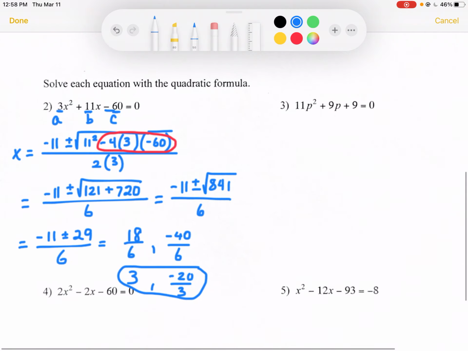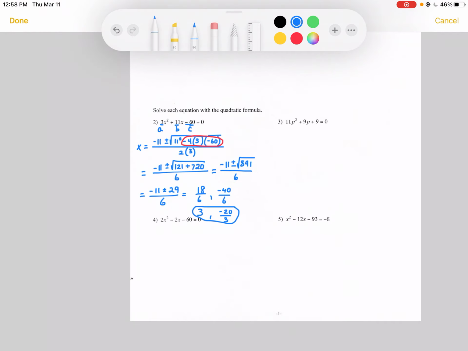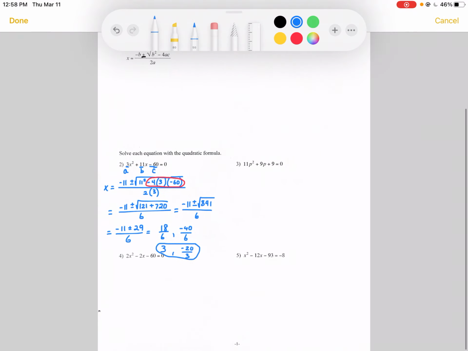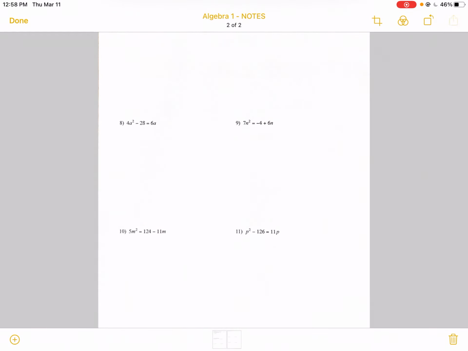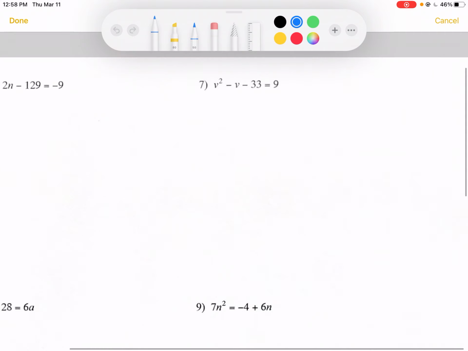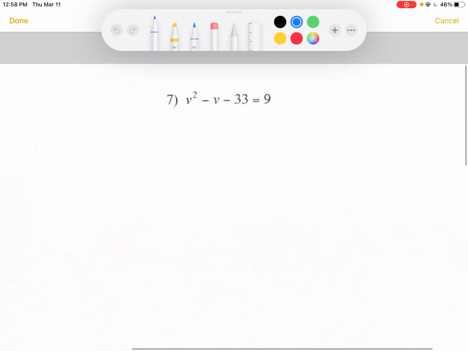Let's look at another one. Let's do number 7. Number 7 is a little bit different, a little bit more advanced in some ways, because we don't have a 0 here on the right side. So the first thing we're going to need to do is subtract 9 from both sides to get it equal to 0.